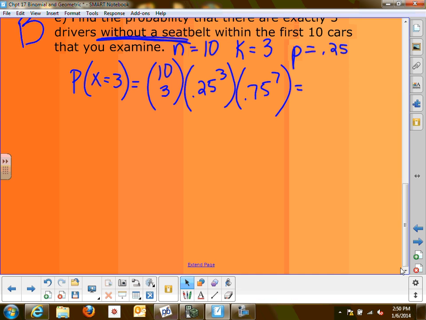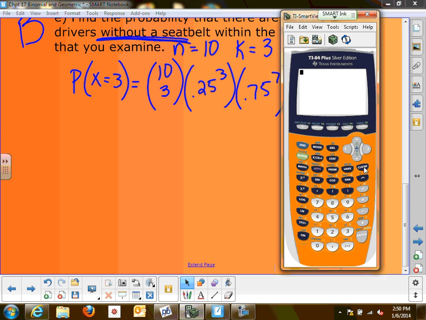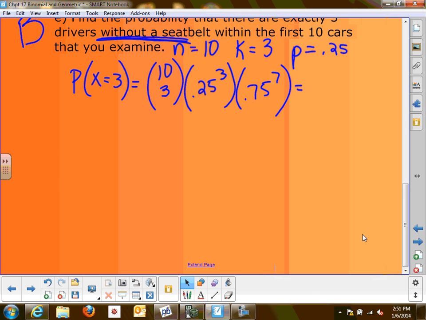So I'm going to put that into my calculator, because I do not want to have to calculate all those combinations. I'm going to go Binomial Pdf, and I'm going to put in NPK. And I get it.